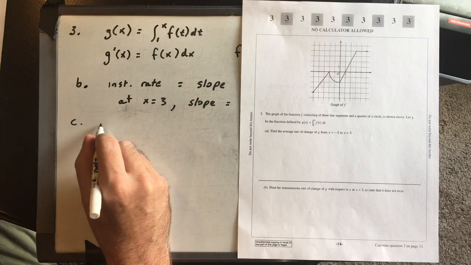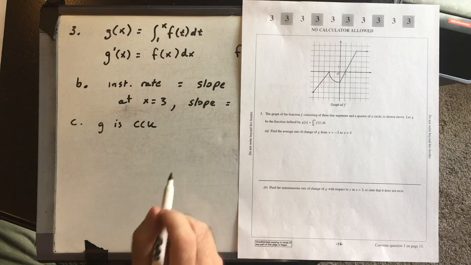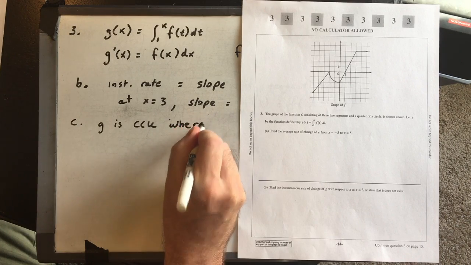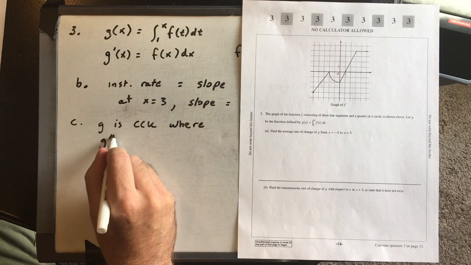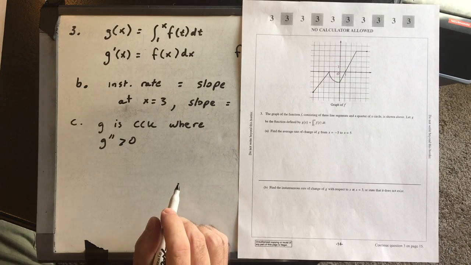So g is concave up, and remember on the test they're going to want explanations, where g double prime is greater than 0. Well, what is g double prime?